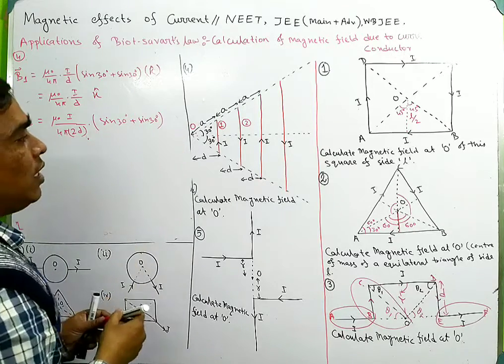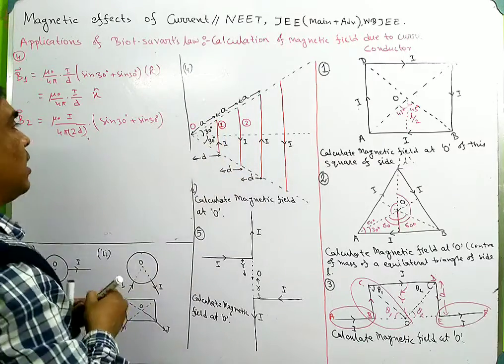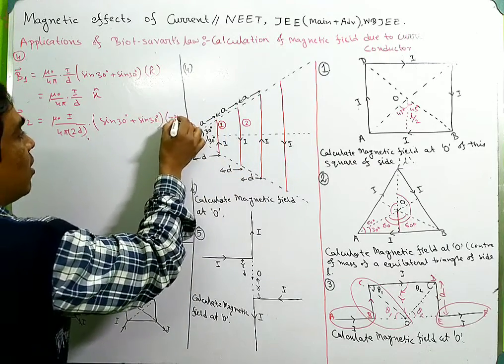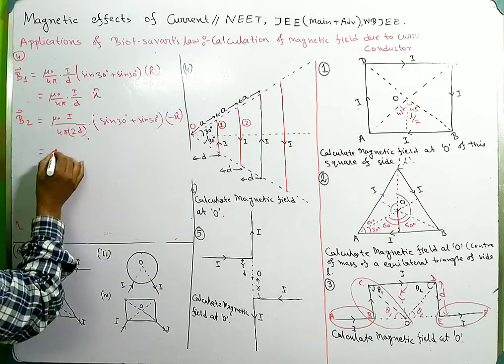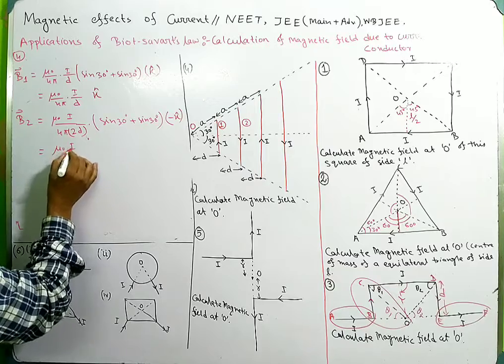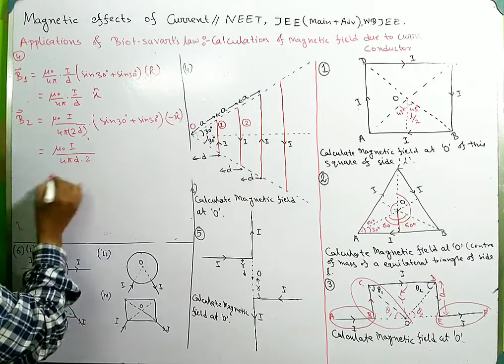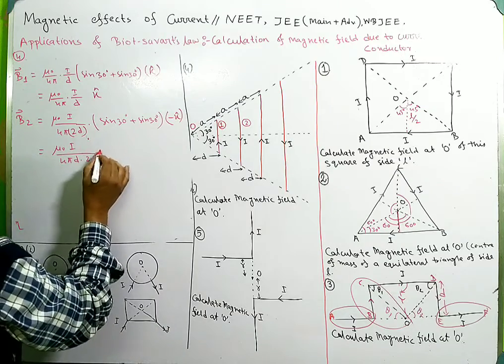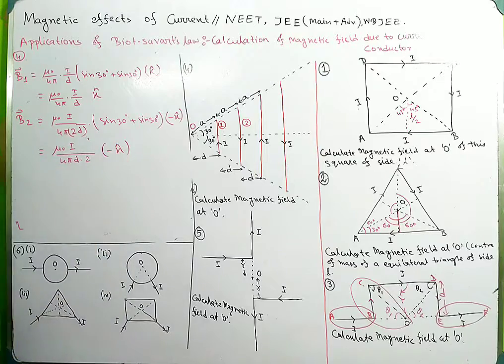The direction of the magnetic field is along this direction, so negative z axis, that means negative k cap. So in this way you can calculate mu 0 I by 4 pi d into 2, this will be 1, so it will be minus k cap.